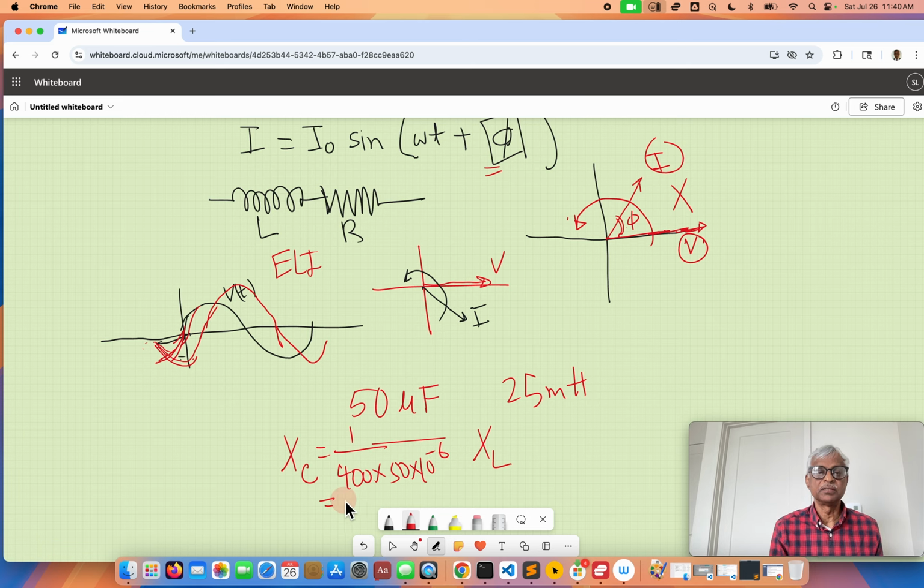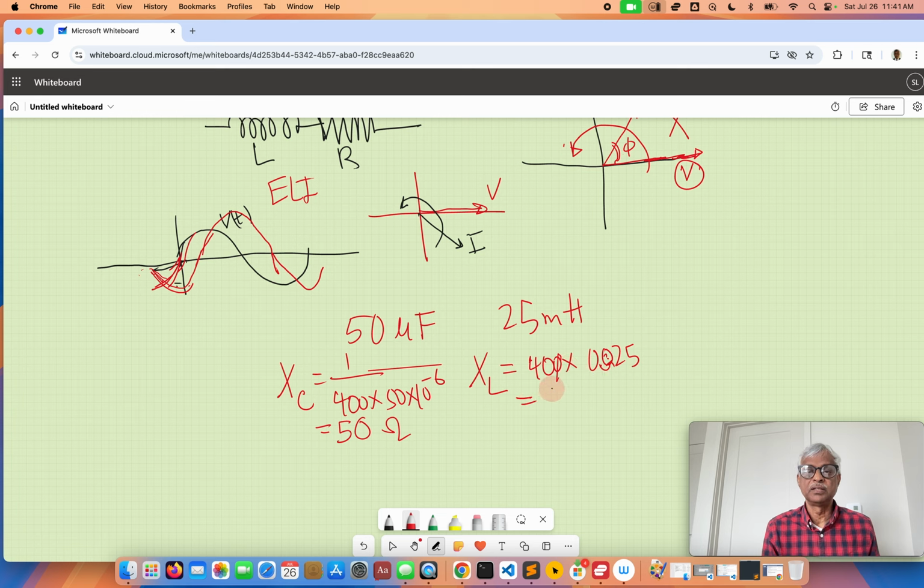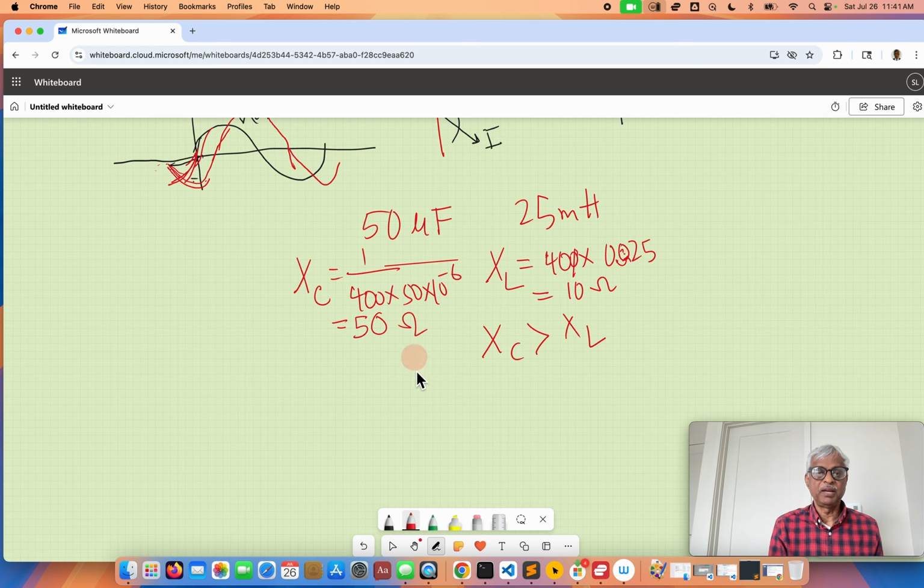And this whole thing was, I think, 50 ohm. And XL will be 400 times 0.025, so this guy becomes a quarter of 40, which is 10 ohm. So clearly XC is bigger than XL. That makes it a capacitive circuit.